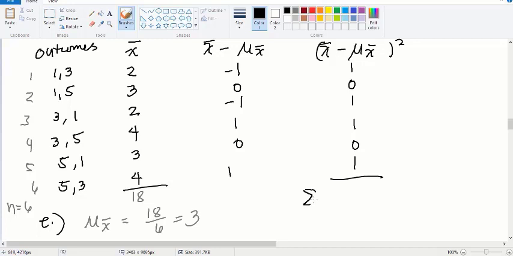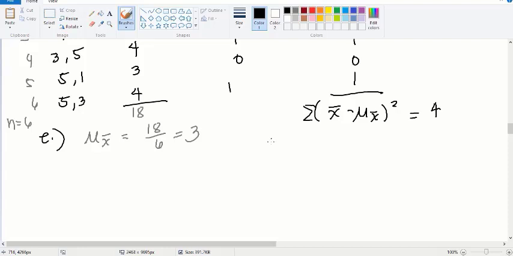Okay, so ang summation natin ng mean minus the mean of the sample square is 1, 2, 3, 4. Okay? And then remember, para makuha mo ang variance, i-divide mo lang yan by the small letter n. So, 4 divided by 6 is equals to, let me use my calculator, 0.67.